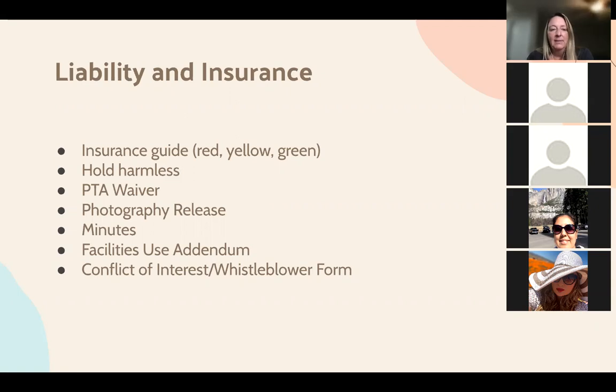So if you own a business and the PTA uses your business for something, you need to disclose that you are owner of said business. So each and every person on your board should fill this out and return it to your president at the beginning of every school year. That form also can be found on the CAPTA website.